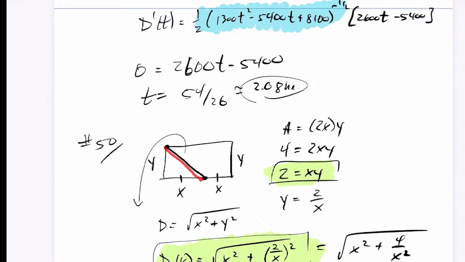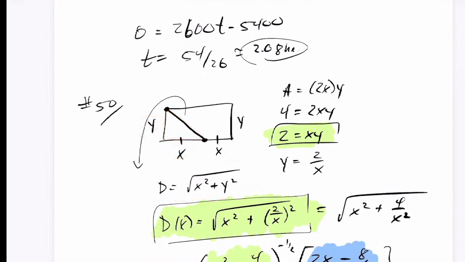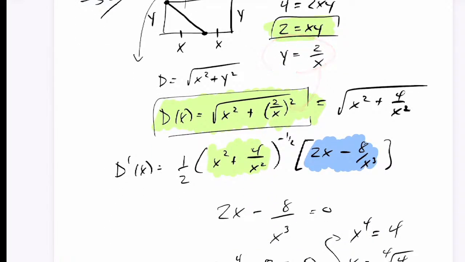I want to minimize this distance. So the distance equation is x squared plus y squared is your distance squared. So I isolated, took the square root, and then I went ahead and used the fact that the area of this whole rectangle is 4. So if the area of this whole rectangle is 4, this length is 2x and this length is y. So I end up getting 2 equals xy. So I went ahead and dumped it into here, and then I took my derivative.